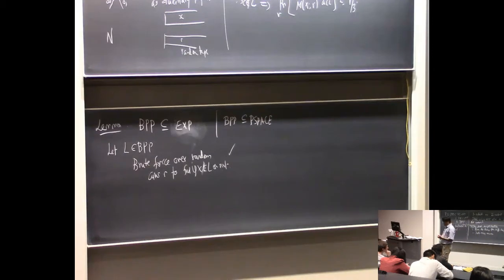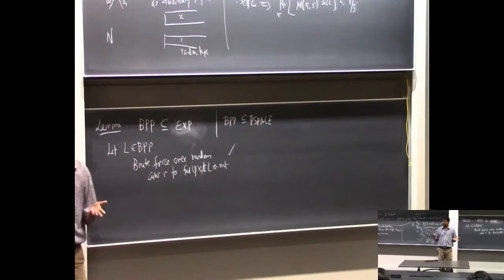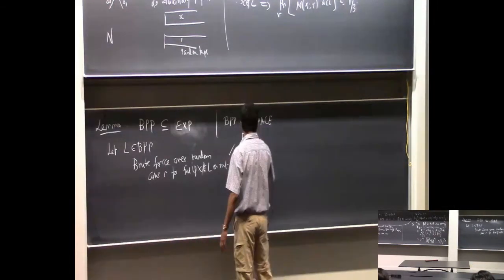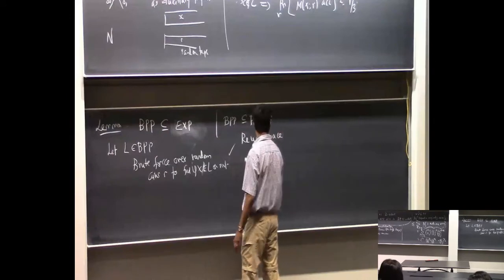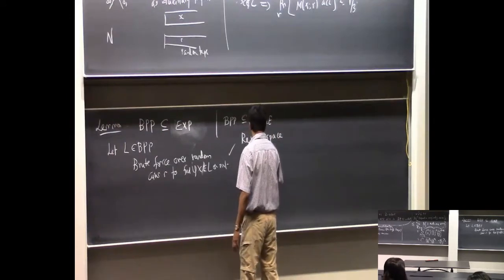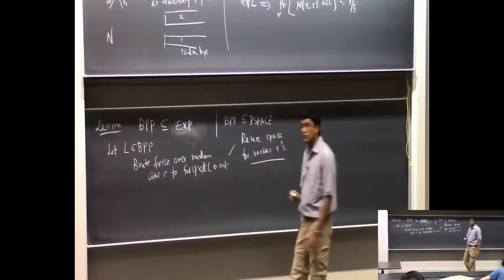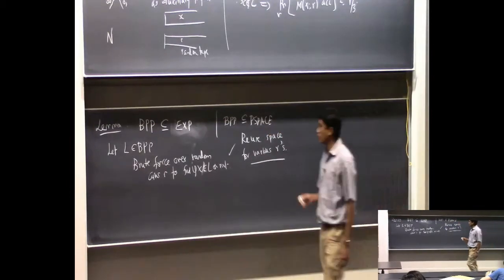Then you try one particular R, and then you erase it or you increment it, and go try the next R and so on, but you don't need too much space. You can reuse your space. Okay? So this is just reusing space for various R's. Right? So these are some easy consequences.